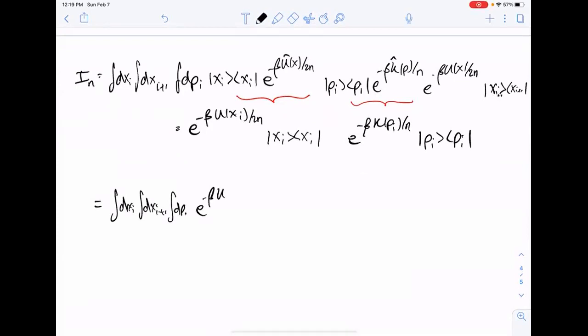And now I've gotten rid of all of the operators at the expense of having now to compute a couple overlaps. So I have the overlap of xi with pi, and the overlap of pi with xi plus 1.